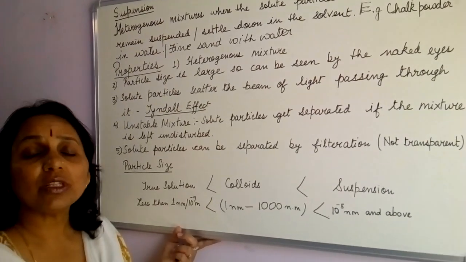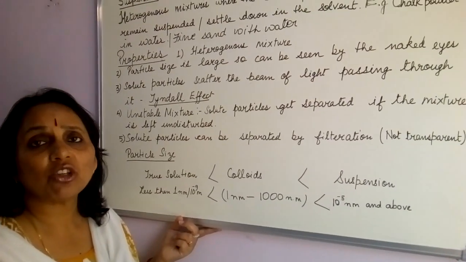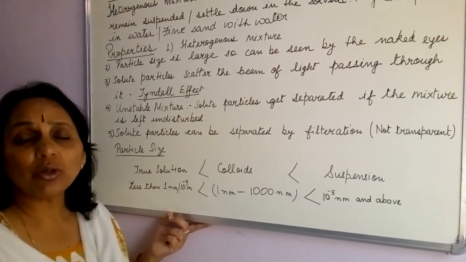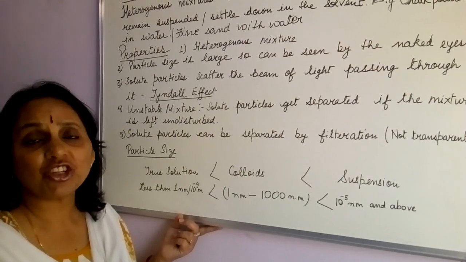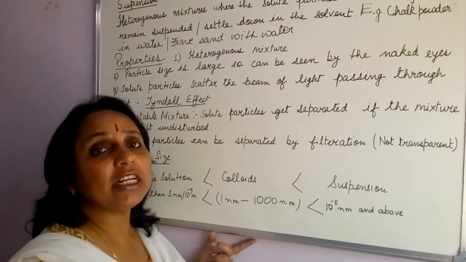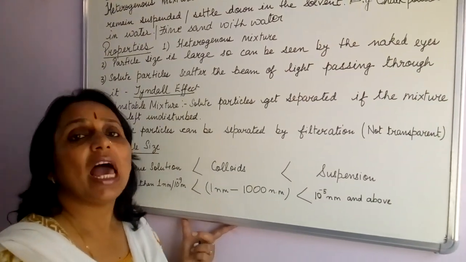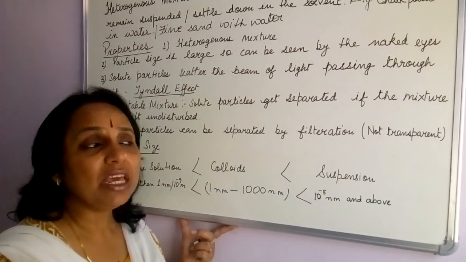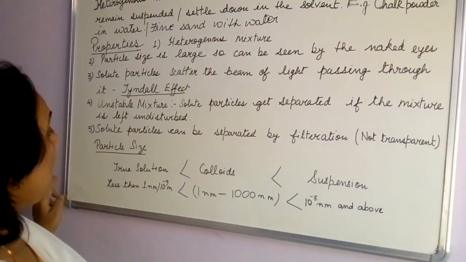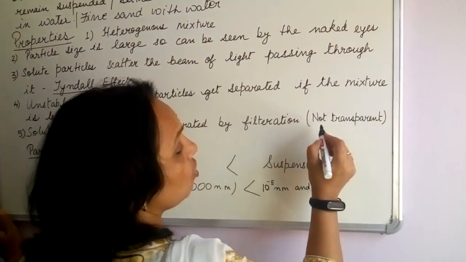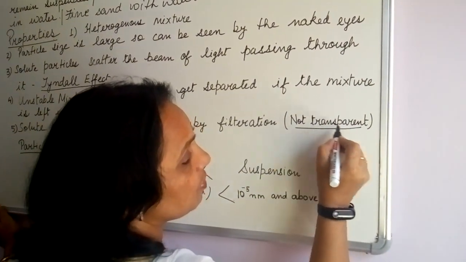So if you want to separate the constituents of chalk powder and water, and you filter it on the filter paper, you will get the chalk powder as a residue and water will be collected as the filtrate.